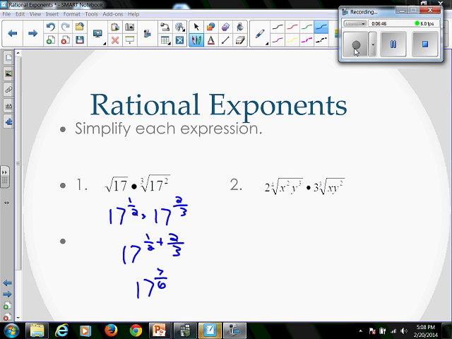All right, number 2. Well, we said to multiply, the indexes had to be the same. They're not. So I need to rewrite it using exponential form. The 2's outside, so I'm going to leave it out. I'm going to put these in parentheses. x to the 1/3, y to the 2/3.